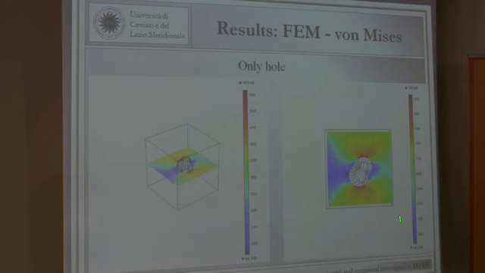The load applied on the surface is near to real stress, about 400 megapascal. We can see in this slide the presence of higher values of von Mises stress, about 563 megapascal.